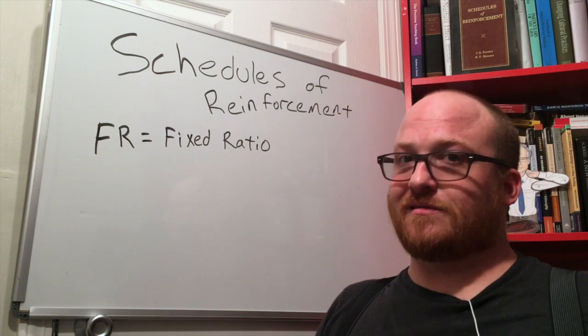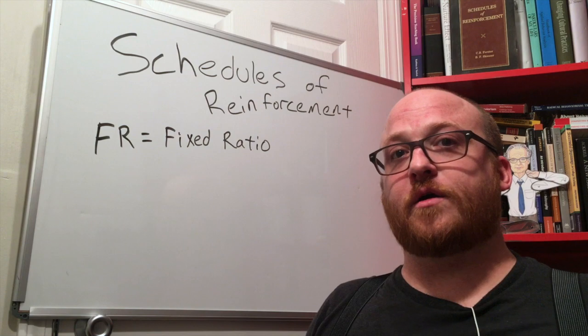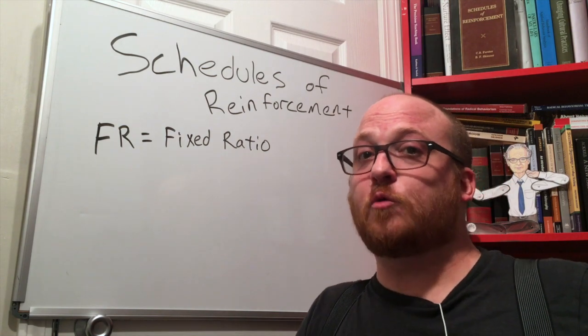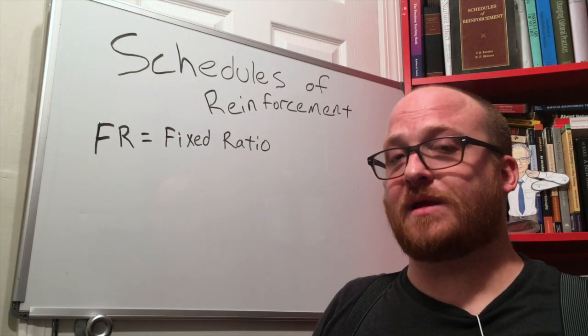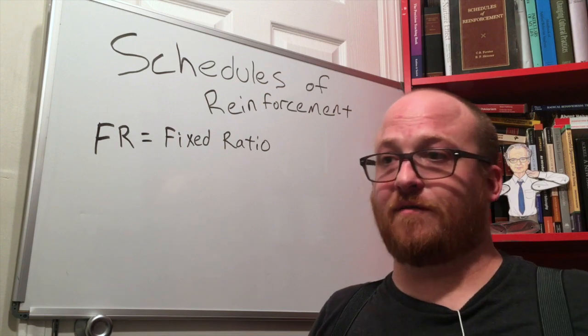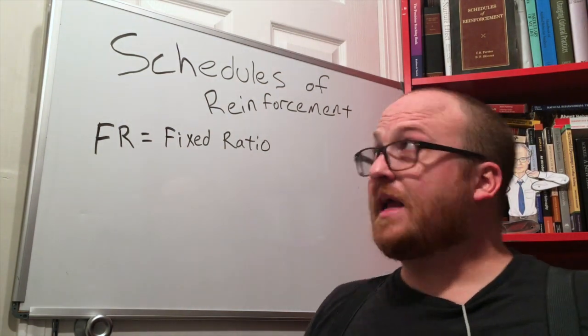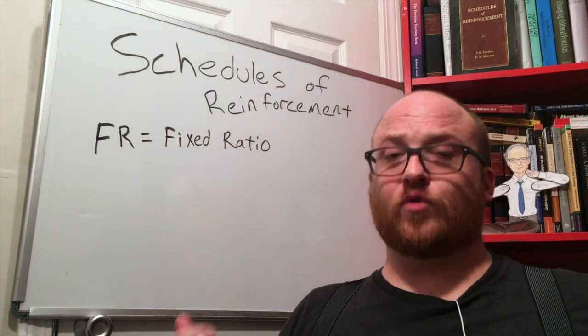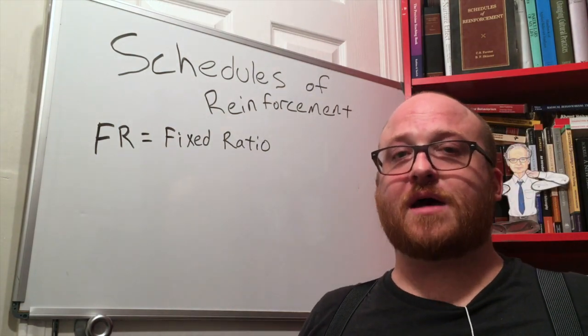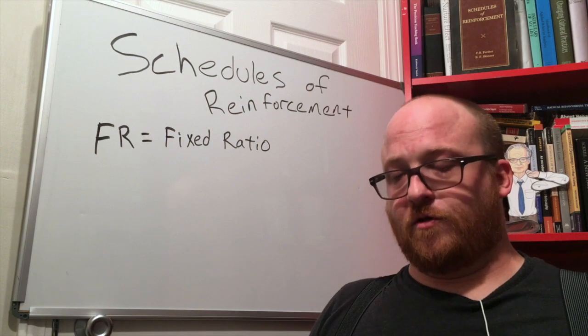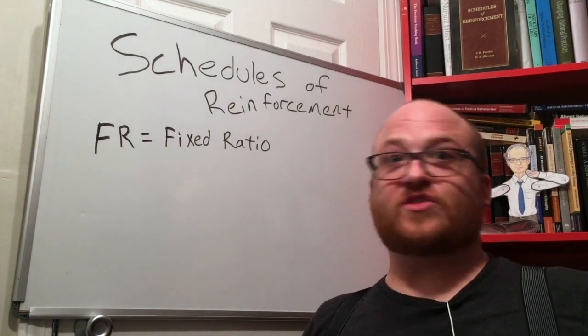Continuous reinforcement is really just FR1, meaning after every one response, reinforcement will occur for that behavior. FR2 just means every other response. And so the responses that are critical here, the responses that we're talking about, are our target behavior. It's not going to be just any behavior.